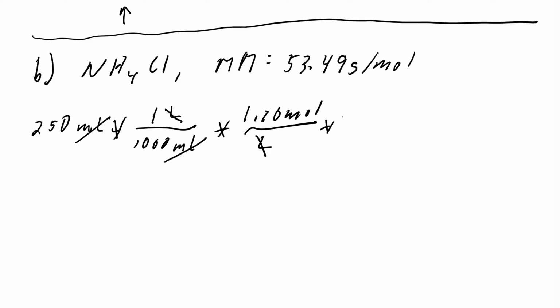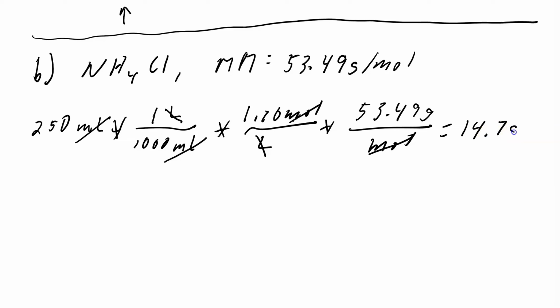And now the molar mass to convert to grams, 53.49 grams per mole. Moles cancel. And I'm going to be left with grams, which is my desired unit. Doing the math, we get a value of 14.7 grams of ammonium chloride that needs to be weighed out, dissolved in 250 milliliters to give us our desired 1.10 molar solution.